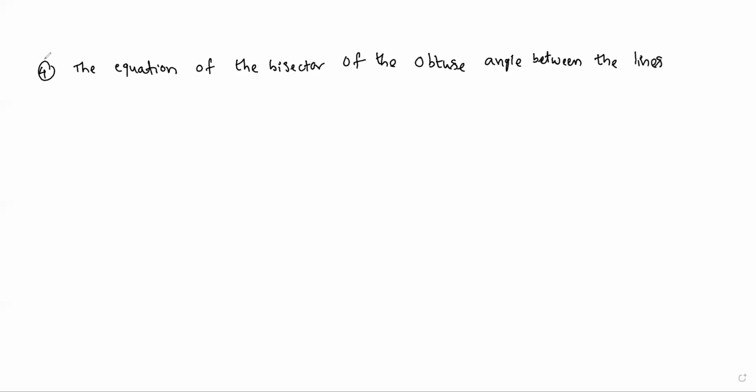What are the lines given? Given x minus y plus 2 equal to 0. Next 7x plus y plus 1 equal to 0.